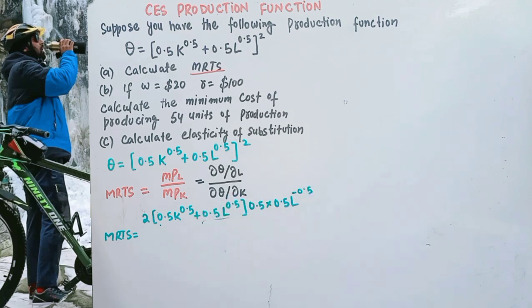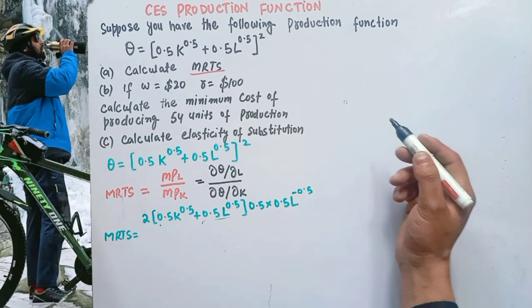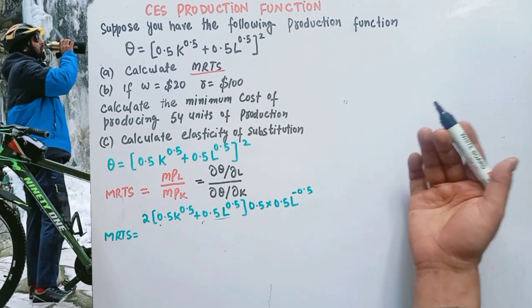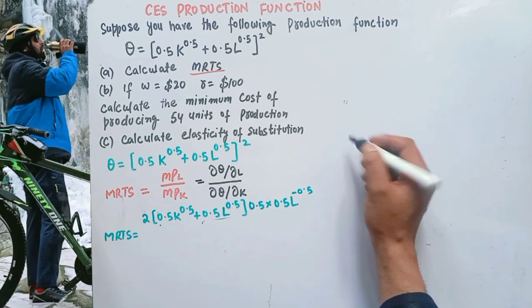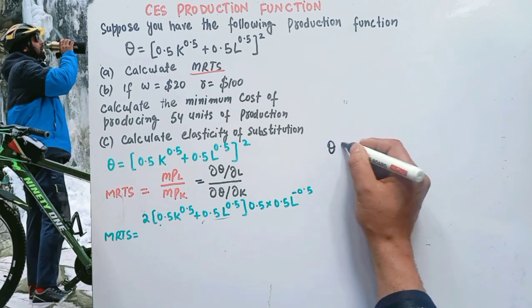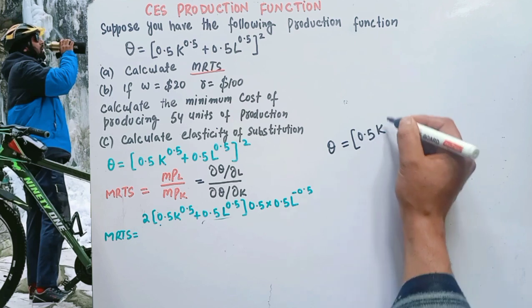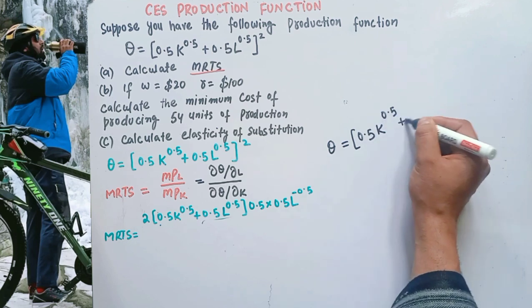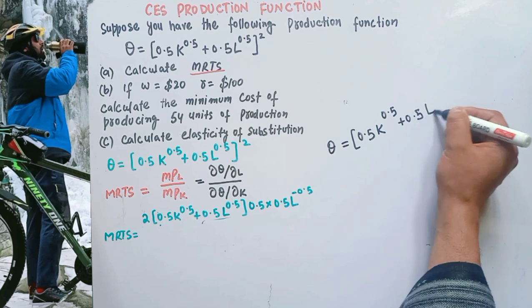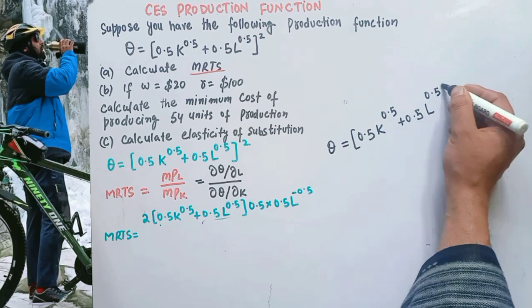If you are getting confused, let me write it in bold letters. We have this very function Q is equal to (0.5 K to the power 0.5 plus 0.5 L to the power 0.5) whole square.